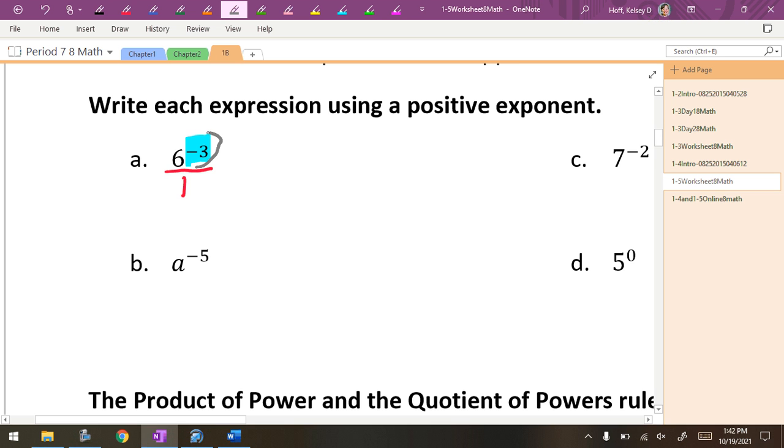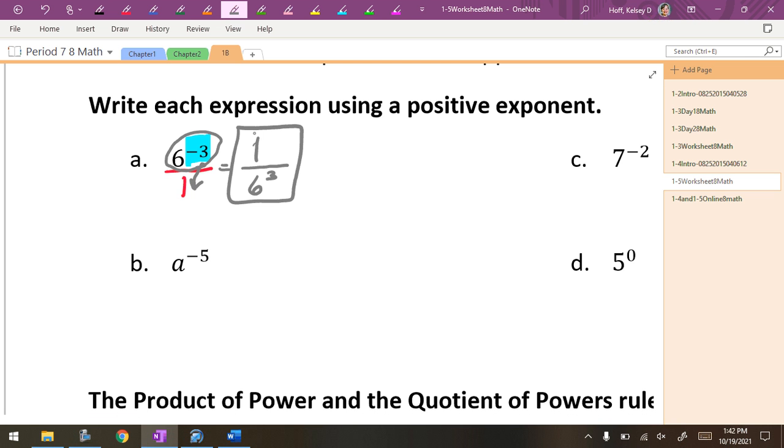So that exponent and base has to get dragged to the opposite location. Right now it's in the numerator, but it's negative and I can't have a negative. So I drag it to the denominator, and as soon as it crosses that fraction bar, the exponent becomes positive, leaving behind a 1. 6 to the negative third is actually 1 divided by 6 to the third.